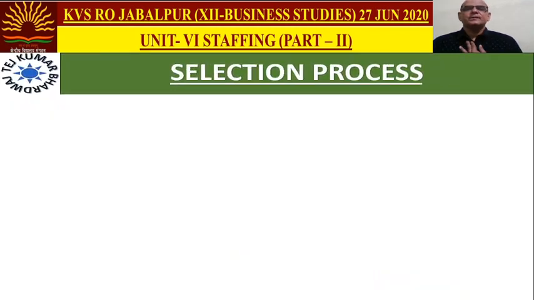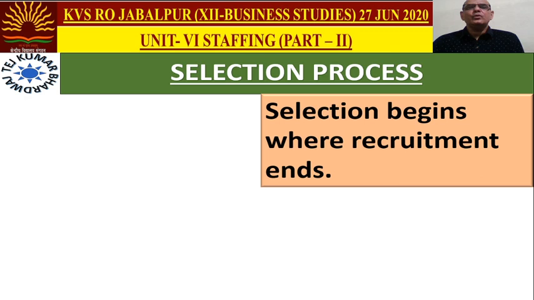Selection process. Selection is a process. Process means anything which has systematic steps, a sequence. So selection begins where recruitment ends. We are already aware that recruitment is a positive process in which we first of all identify the prospective sources of our employees and we go and motivate them.